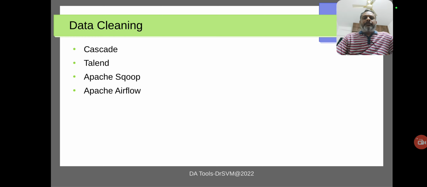We can make use of routine algorithms for working on that, but definitely they are not worthy, so we need to put a lot of effort into that.